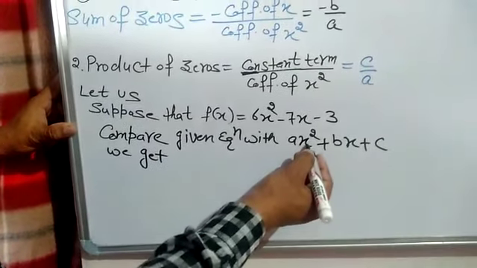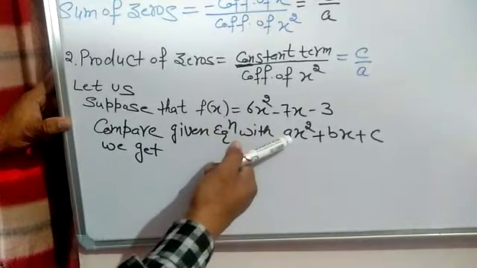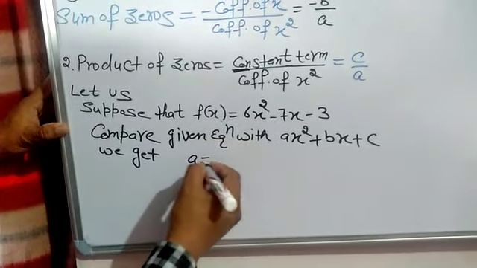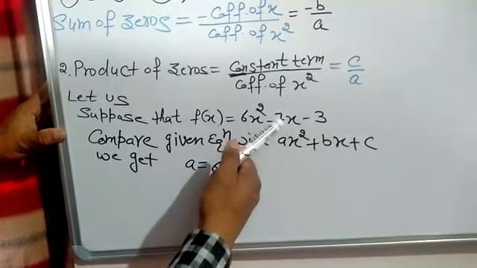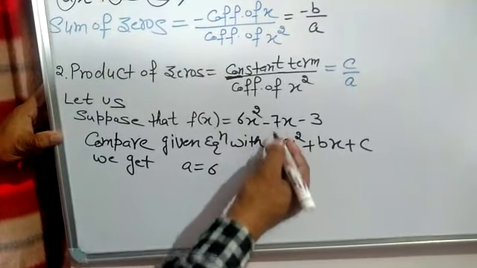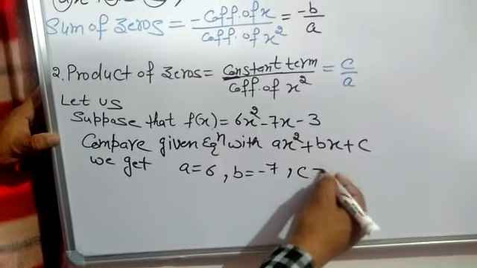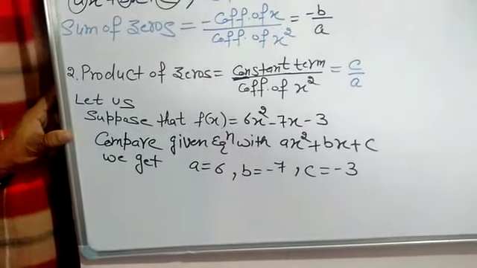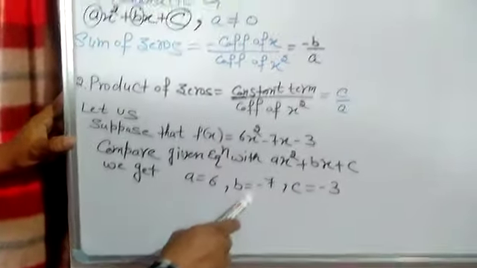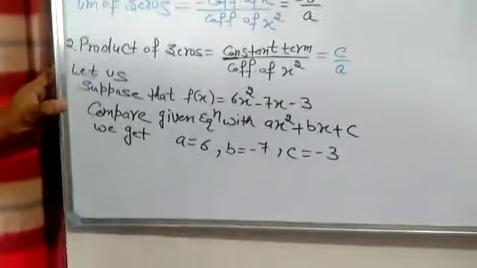See, a x square and here is x square, so a is equals to 6. Then b is equals to minus 7. Then last is c is equals to minus 3. So here a is equal to 6, b is equals to minus 7, c is equals to minus 3.